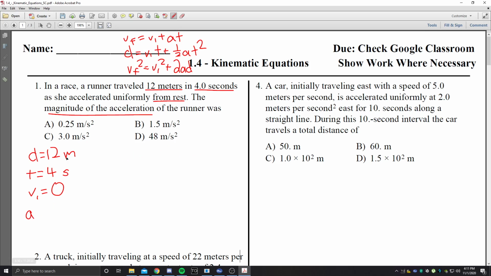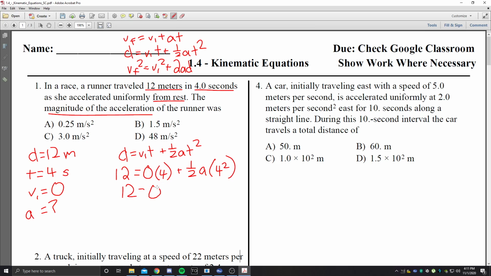Let me just erase everything. So again, we're going to use D is equal to VIT plus 1/2 AT squared. So we're going to substitute all of our numbers. 4 squared.